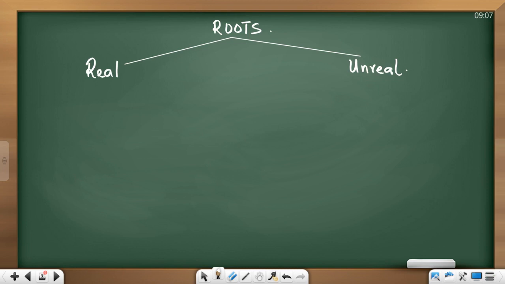What do I mean when I say real roots? We are going to say that the solutions exist. Remember what we said roots are? Solutions of two or more graphs. For unreal, we are going to say solutions do not exist.